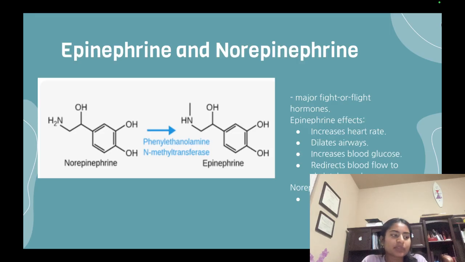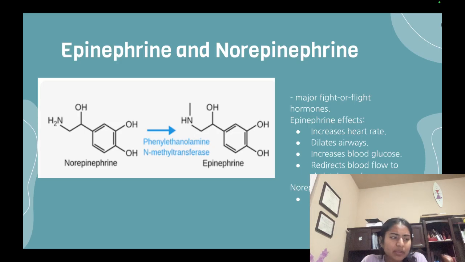Even though epinephrine and norepinephrine are pretty similar, they still have different effects on the organs. Starting with epinephrine, it's also known as adrenaline, and it has strongest effects on the heart, lungs, and metabolism. In the heart, epinephrine increases the heart rate and increases the force of each contraction. In the lungs, it causes bronchodilation.